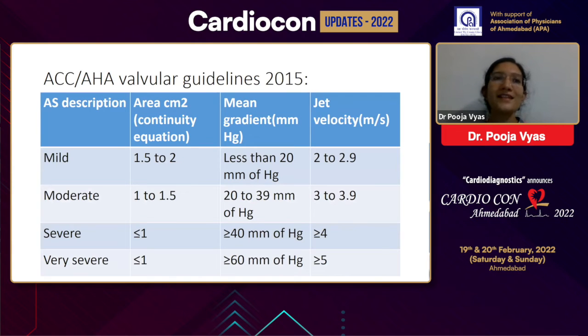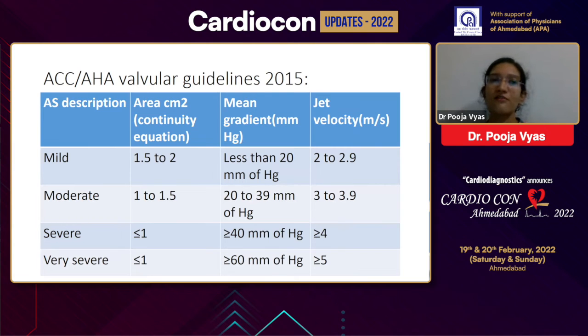So according to ACC/AHA guidelines, we differentiate the aortic stenosis into mild, moderate, severe, and very severe categories. Mild aortic stenosis is when the aortic valve area is between 1.5 to 2 centimeters square, the mean gradient is less than 20 millimeters of mercury, and the jet velocity is 2 to 2.9 meters per second.